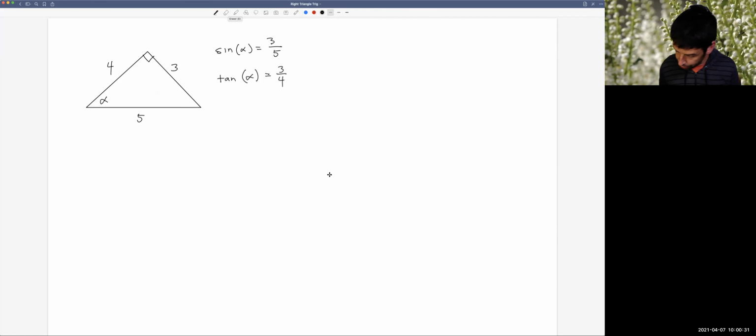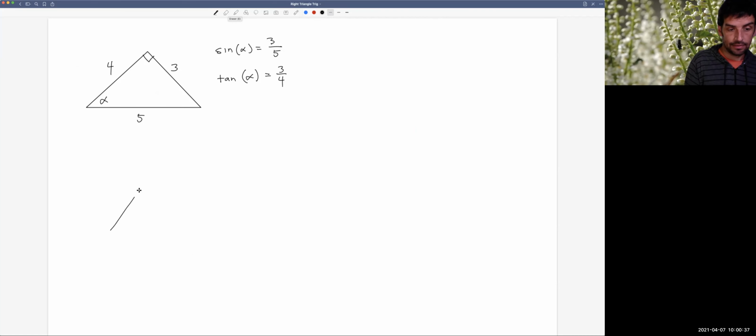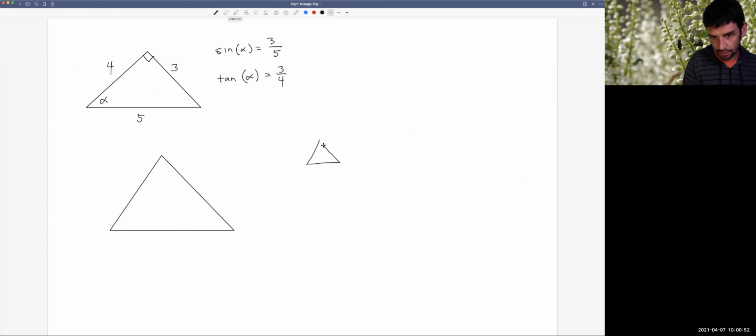Let's do a more useful example, perhaps. Okay, so I was attempting to draw an equilateral triangle there. I don't think I quite got it, maybe I can do it one more time.